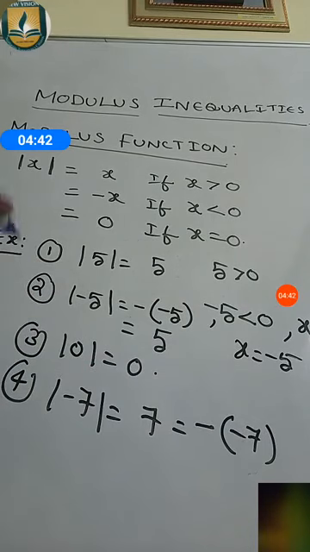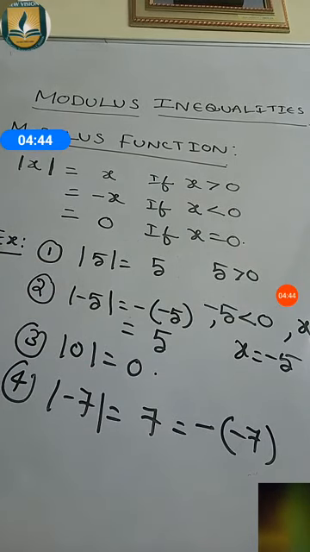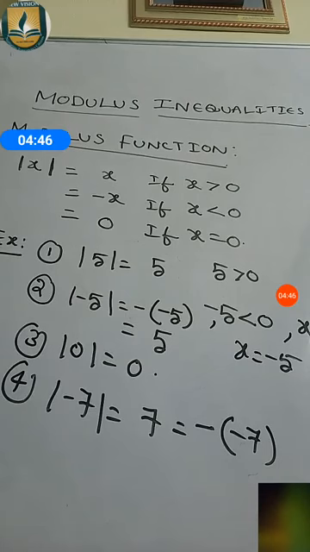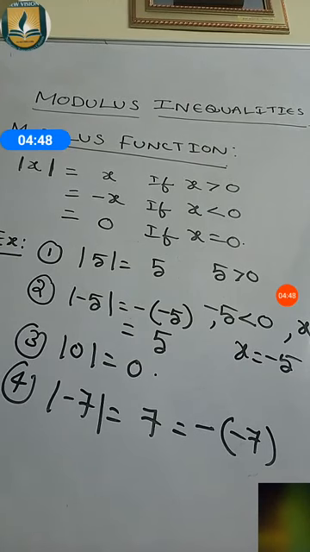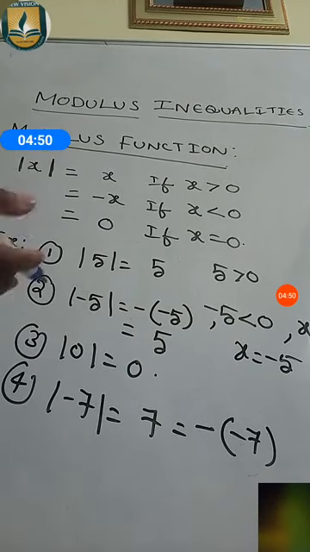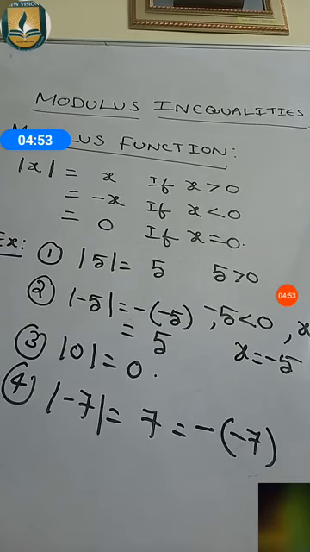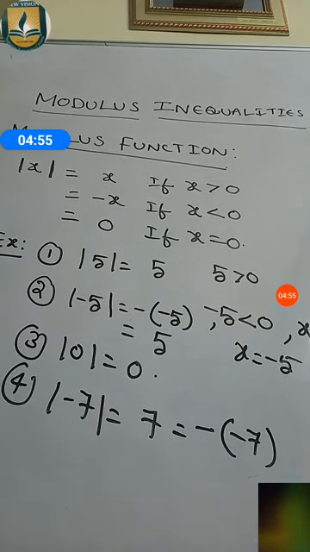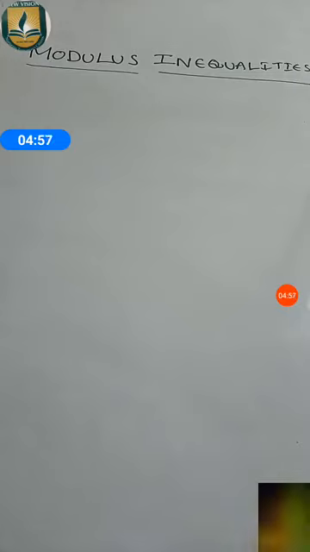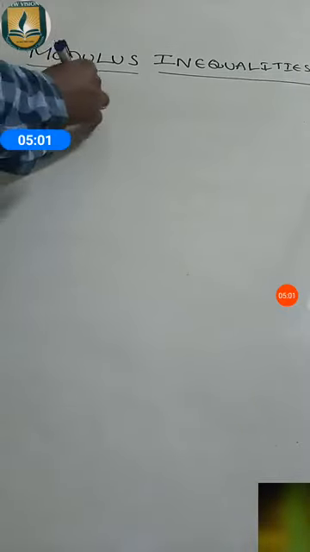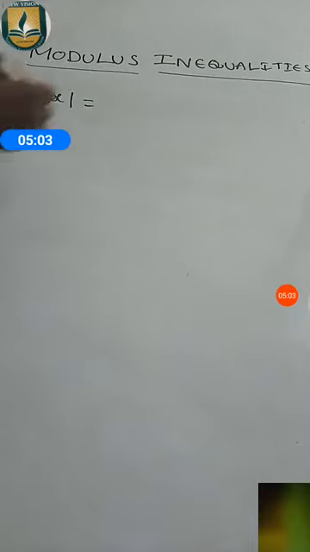Therefore, whatever value you give inside of this modulus function, the output is a positive value. That's what you observe.